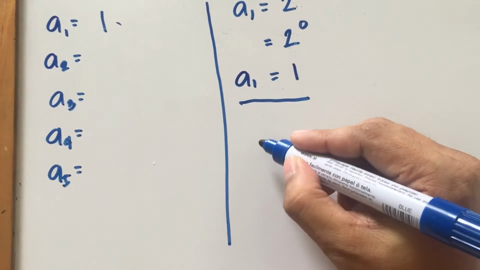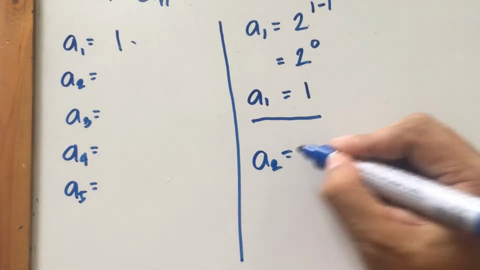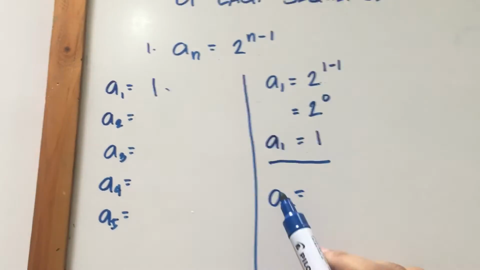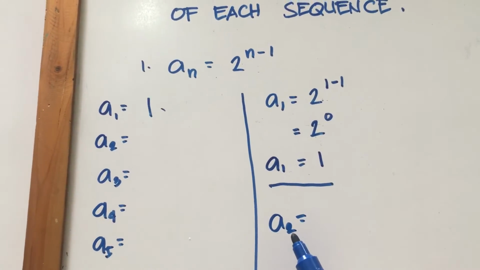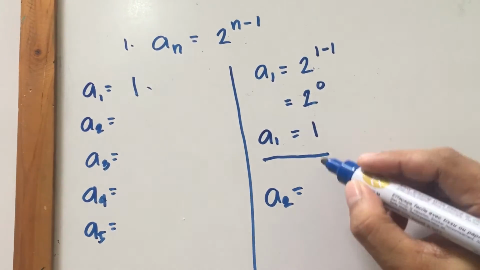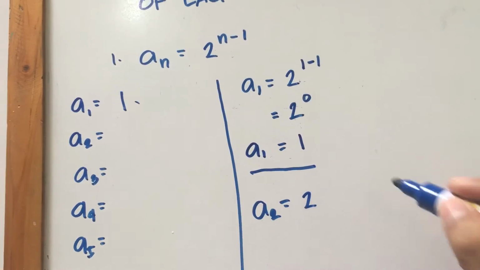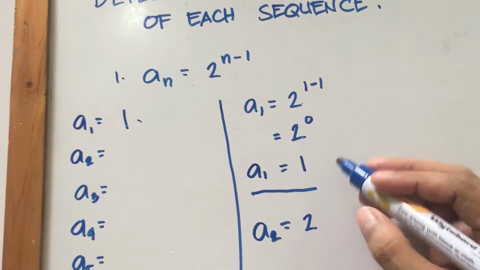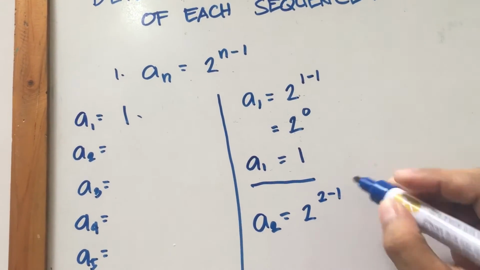Let's go now to your a sub 2, or the second term. If you have a sub 2, the value of your n is equal to 2. So again, copy 2, and n is equal to 2, so that is 2 minus 1.